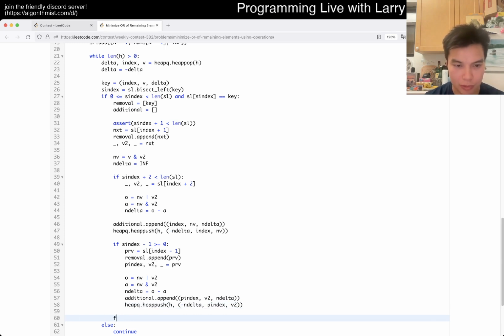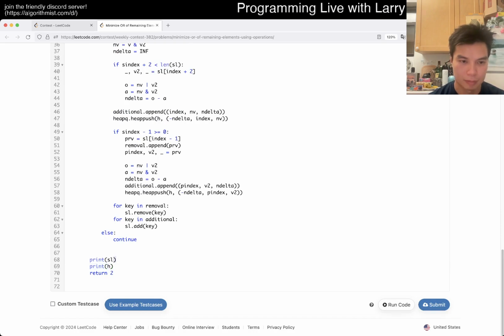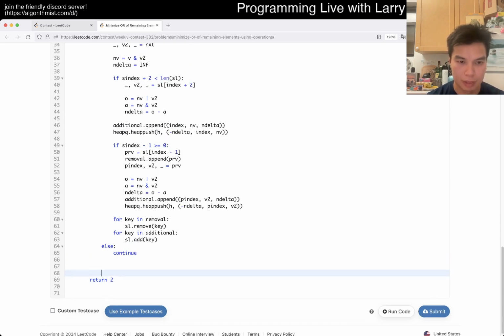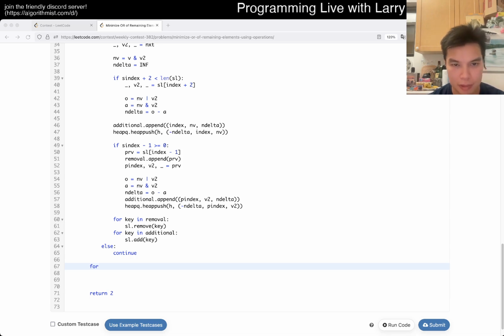Okay, and then now for key and removal. And then at the end, can I get all the items in a way? Right. Man, I'm very slow here, but maybe that's fine.